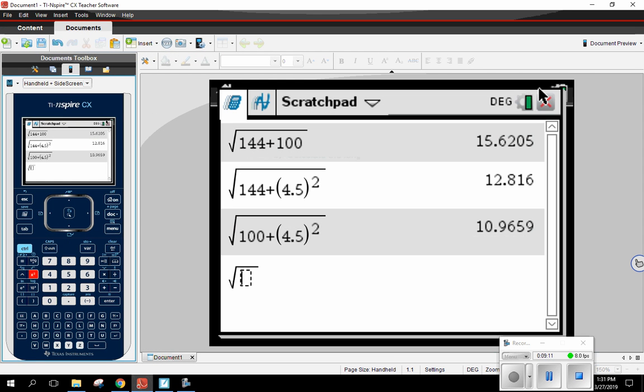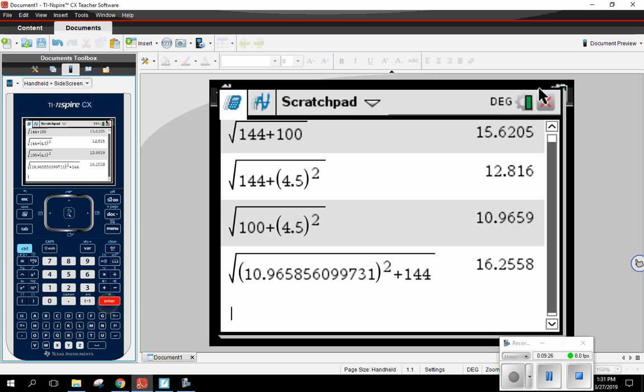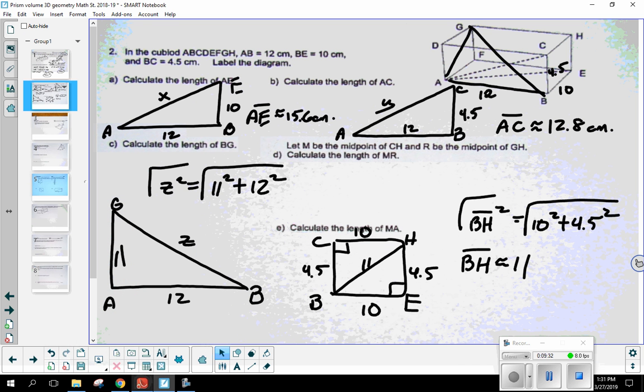I'm going to put a parentheses, and I'm going to use the previous value squared, instead of the 11 that I'm putting on my paper, plus 12 squared, correct? 144. So what should I be getting for the diagonal I want? 16.2, 16.3. So I'm getting Z, about 16.3 centimeters. Good.